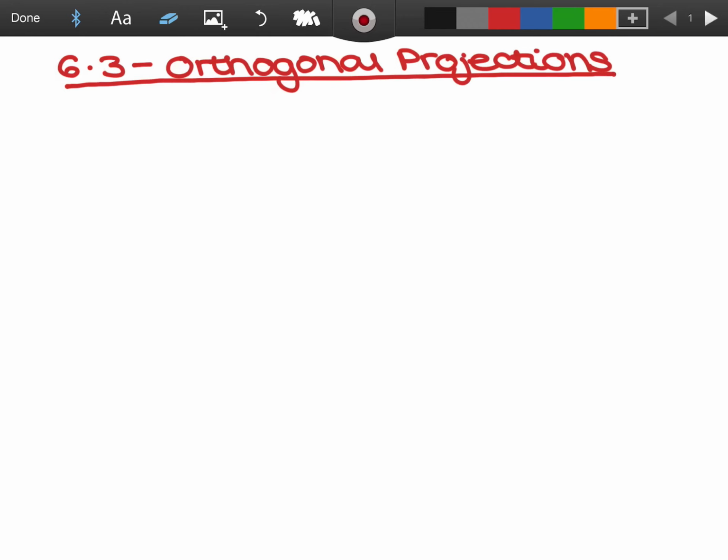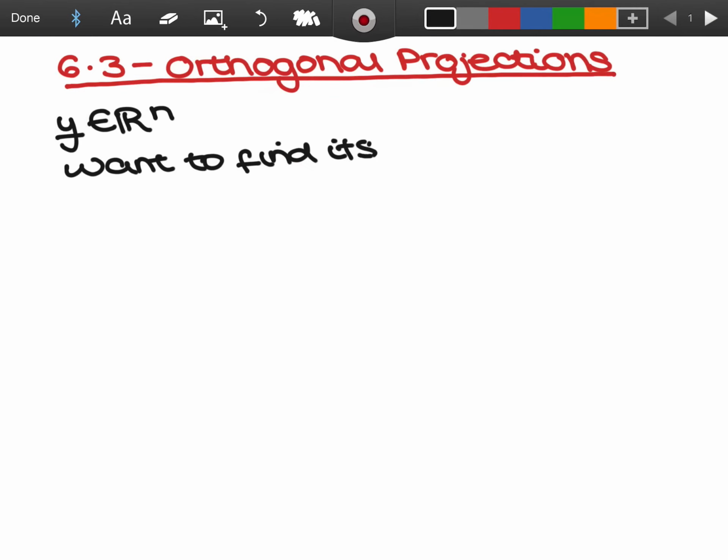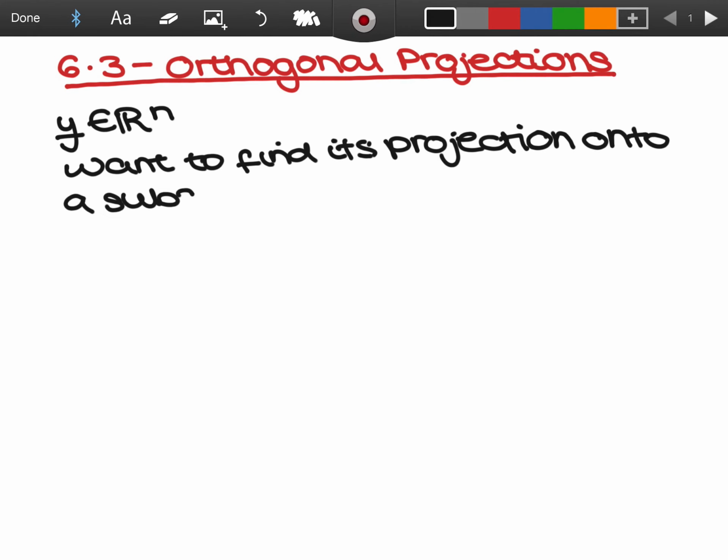So we're going to take this y in Rn, and we want to find its projection onto a subspace W of Rn. And we're going to call that again, that's going to be y hat.